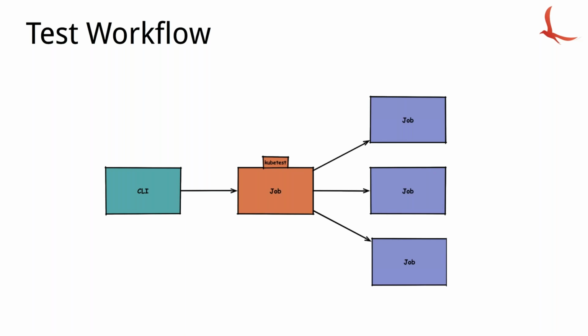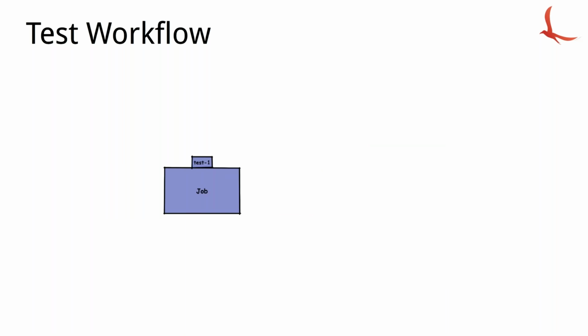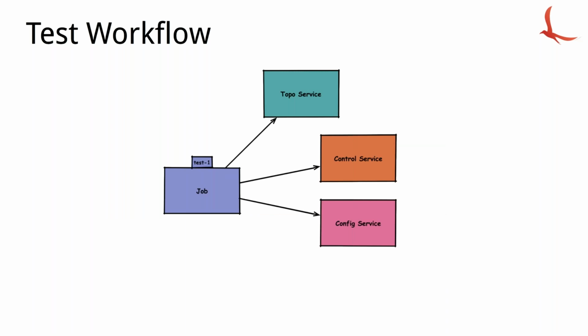The kube test namespace will figure out which suites it can parallelize, and then it creates a namespace for each of the test suites, deploys the job inside that namespace, or inside each namespace, and the job is the test suite that will run. And so inside the job, now we have an API which can set up the cluster however it wants.